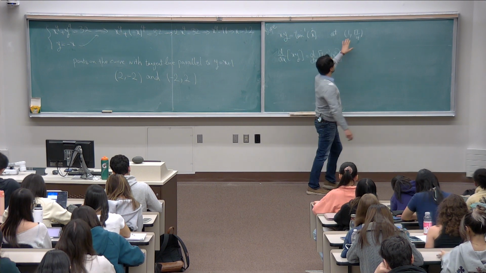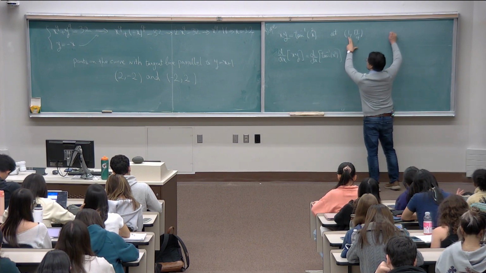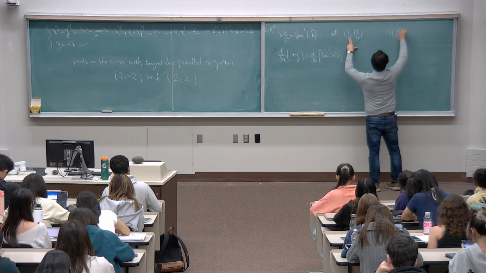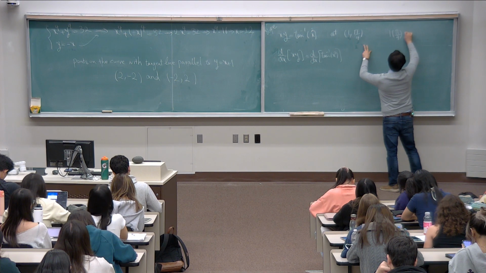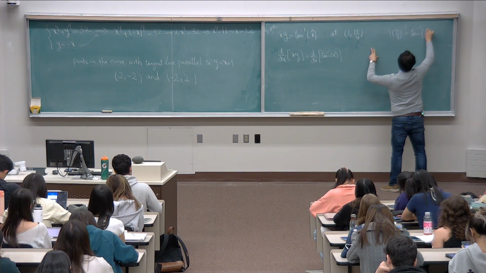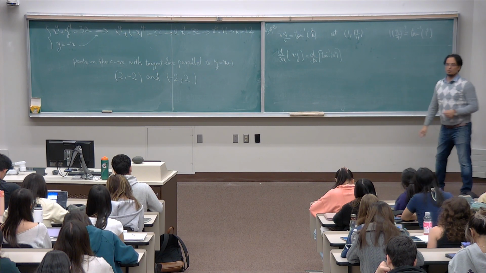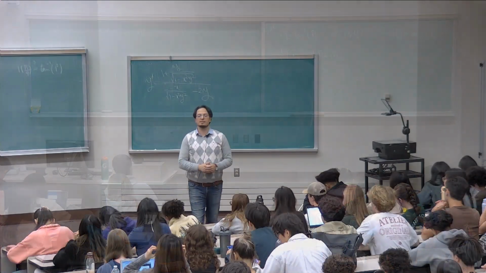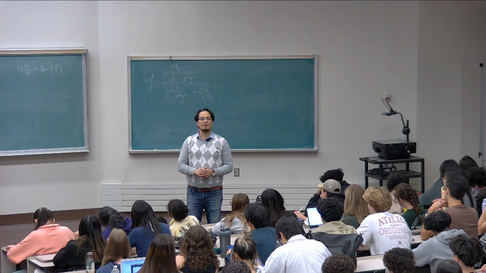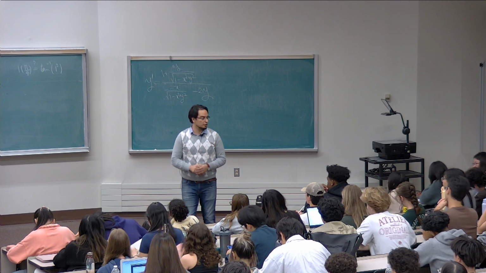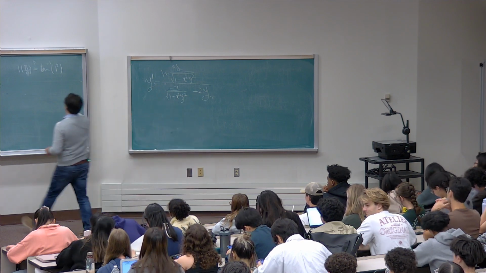In other words, if I plug in 1 for x and pi over 4 for y, then I should get an equality there. Tan inverse of 1 is pi over 4. You should know those values.